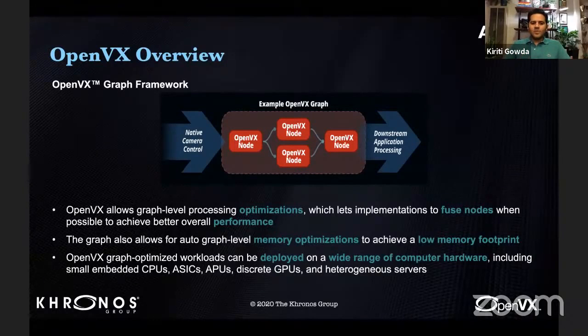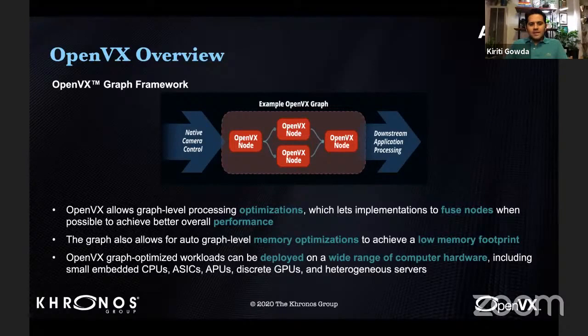The graph optimizer looks at your graph and sees where it can reuse these memory objects over time. If you have an output A and output B, and you're not using output A after you produce it, you can reuse that memory for output C or something like that. These kinds of optimizations are added into the framework, so when you as a developer call the API, you don't have to worry about it. These are all given to you free of cost, as a benefit of using a good API.